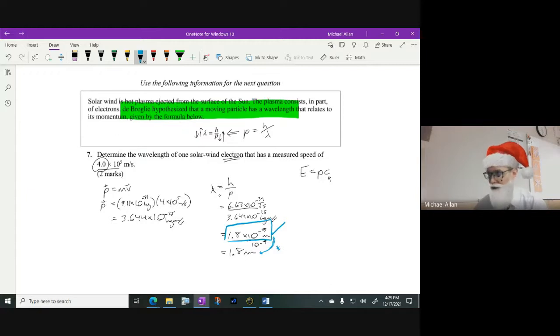Don't try to do conversion unless you have to, unless I specify change it to nanometers. If I don't specify, just leave it in meters. If you want to change it to nanometers, go for it. Thumbs up, I'm happy with that. Happy face. Maybe you'll get a sparkly sticker. Maybe. I haven't decided what's sticker worthy here yet.